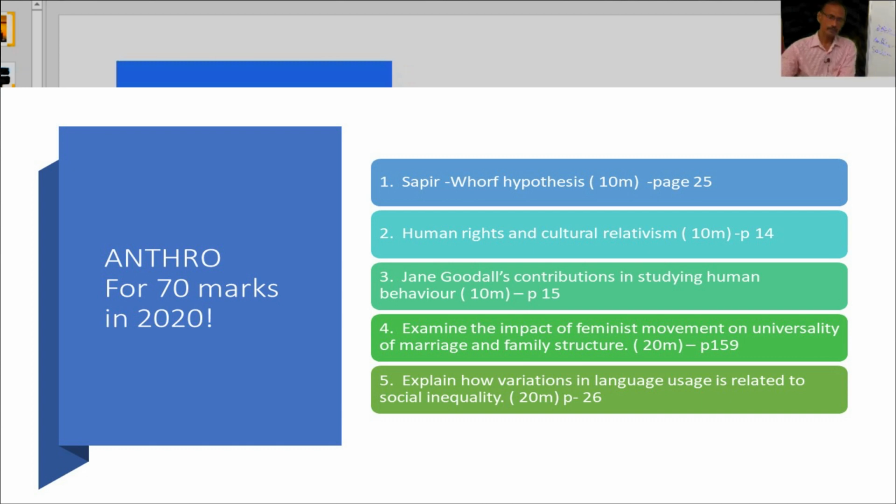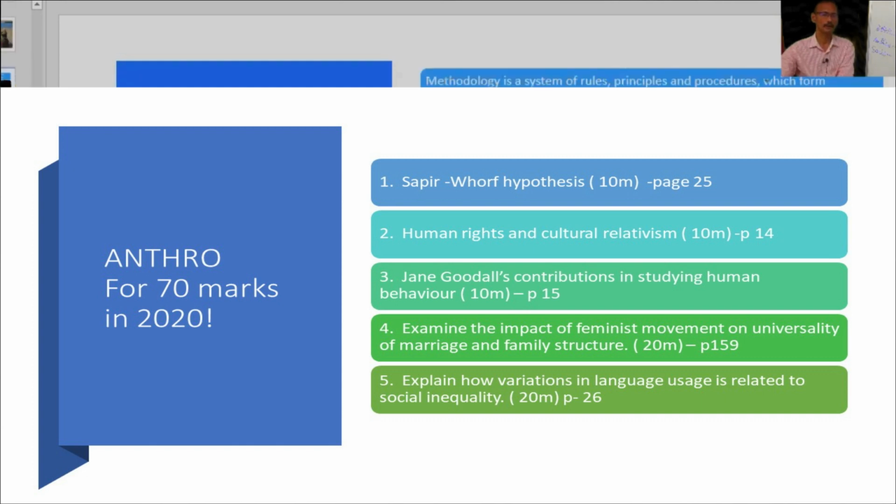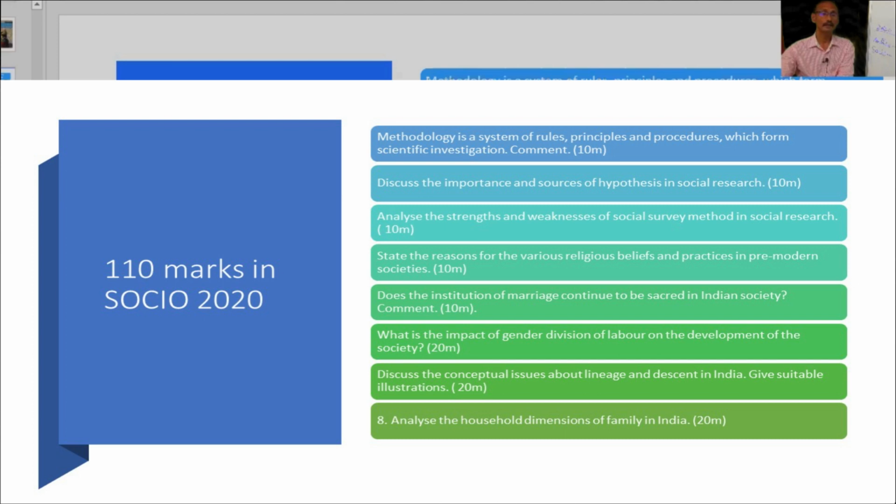And I am surprised that in sociology also it is the same thing. 110 marks in sociology 2020. Methodology, discuss the important sources of hypothesis, analyze the strengths and weaknesses of social survey, religious beliefs, institution of marriage, impact of gender division of labor, conceptual issues about lineage and descent, analyze the household dimension of family.